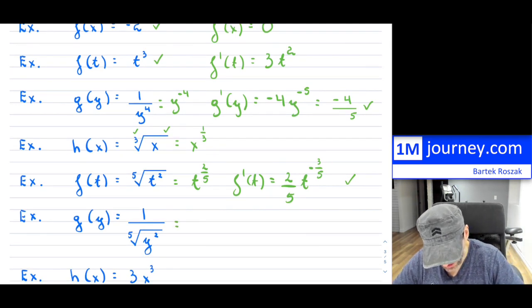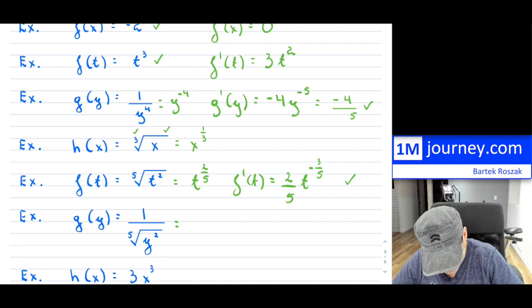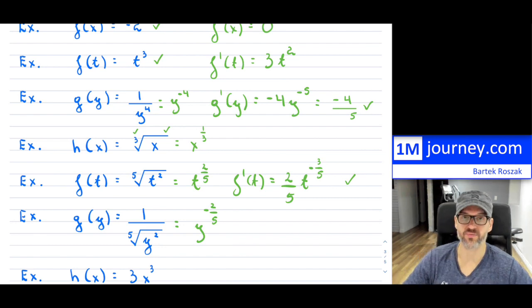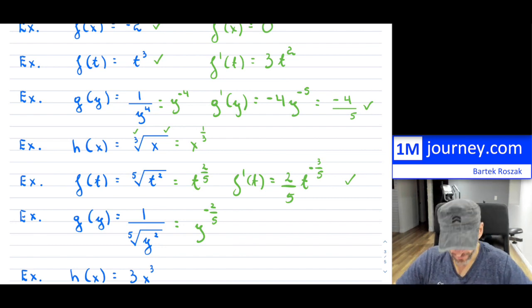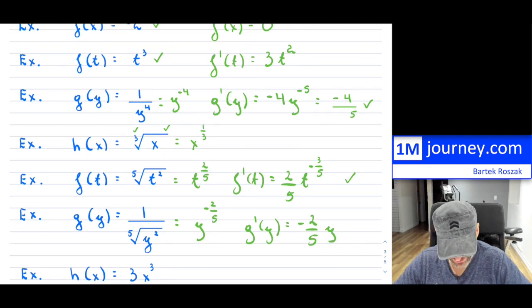Now, right here, we do have our radical in the denominator. So this is the same thing as saying y to the negative 2 over 5. That is exactly the same thing, just by exponent rules. And now the derivative of this, so g of y, is equal to negative 2 over 5 y to the negative 2 over 5 minus 1, which is going to be negative 7 over 5.